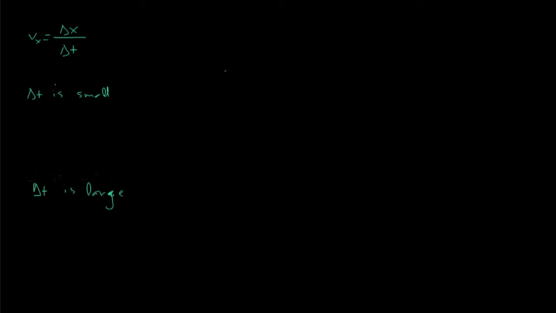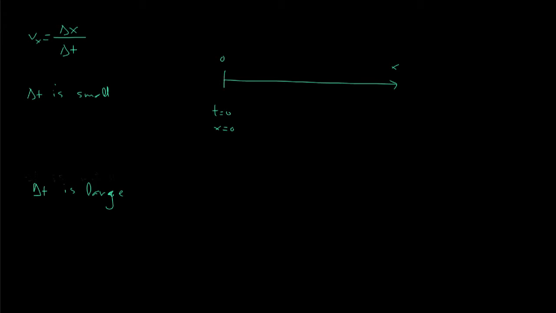Let's say that I have the 0 right here, and I have my x-axis pointing to the right. At t equals 0, I have an object starting from the origin, from x equals 0, right here.